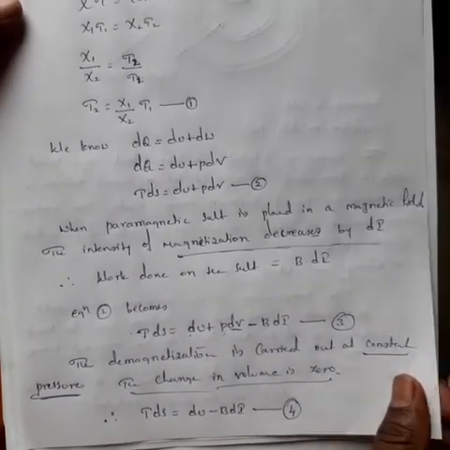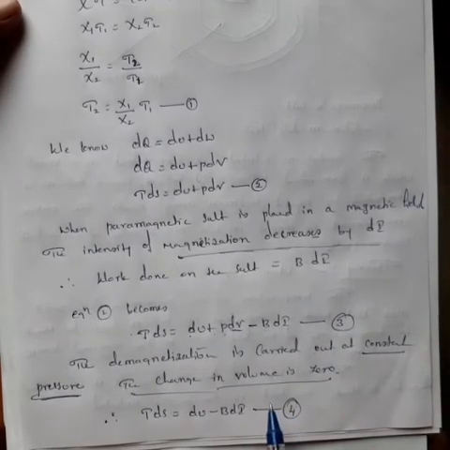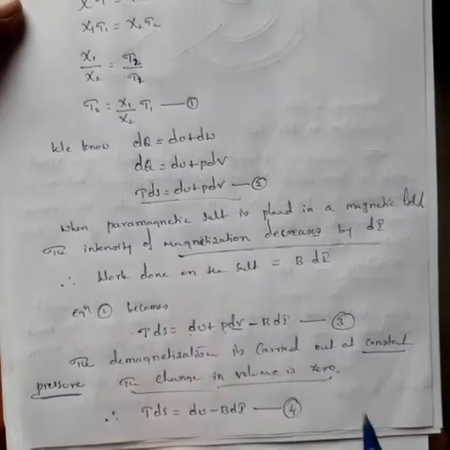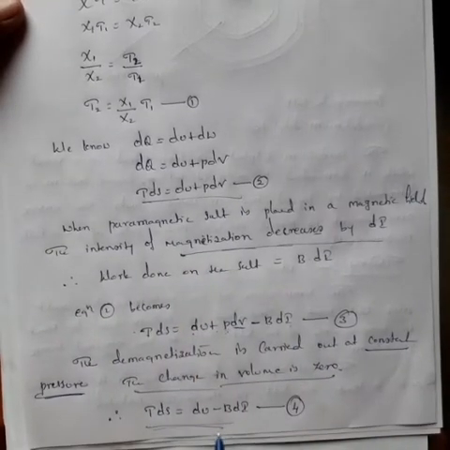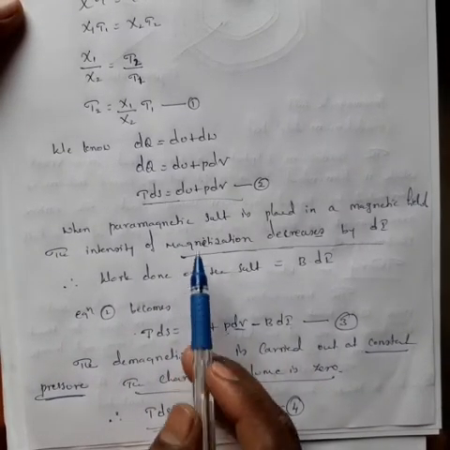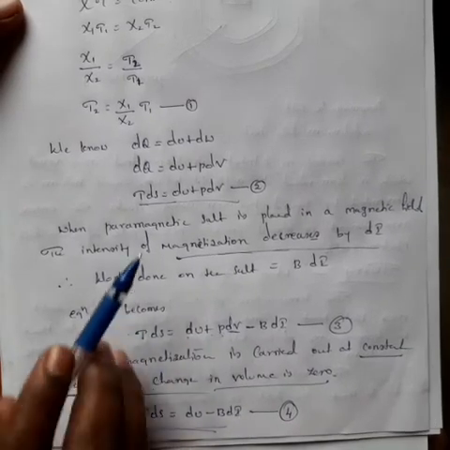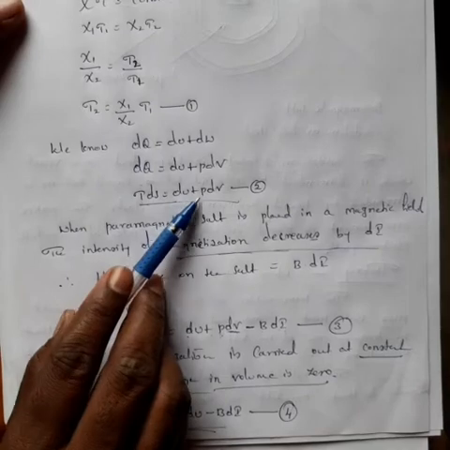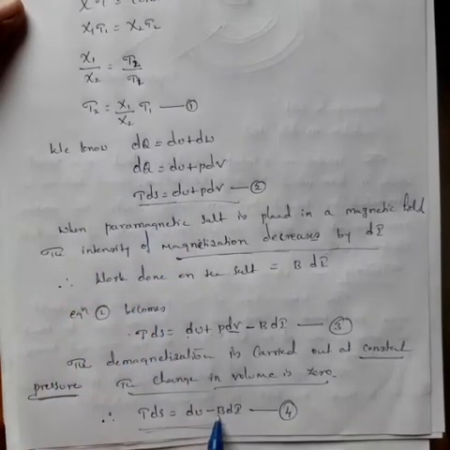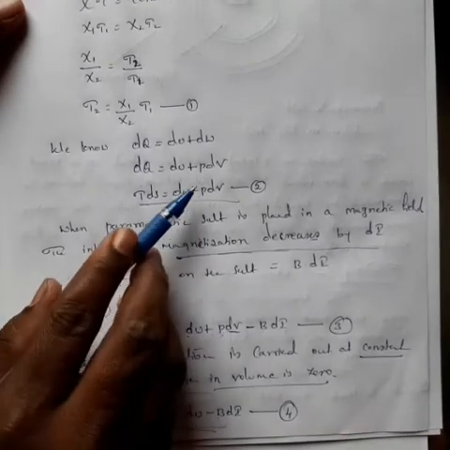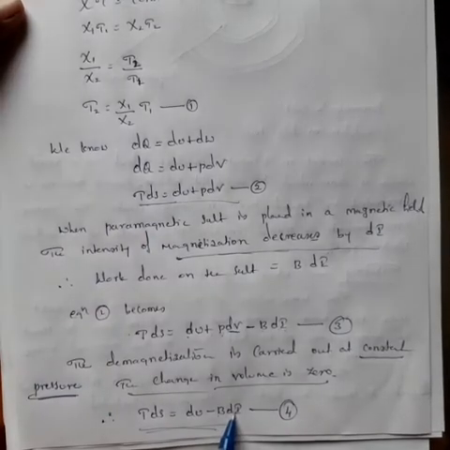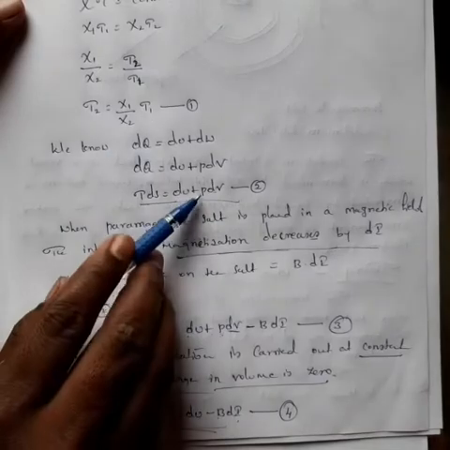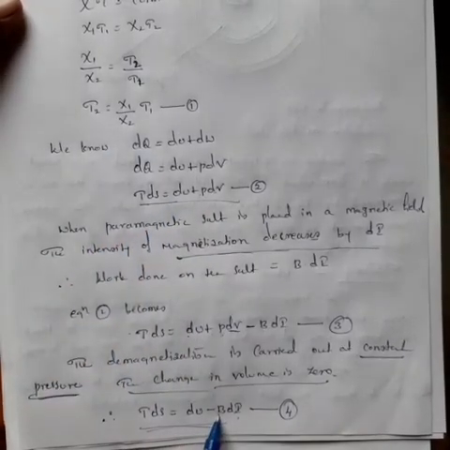So comparing equation 2 and equation 4, we observe that P is replaced by minus B, and V is replaced by I.